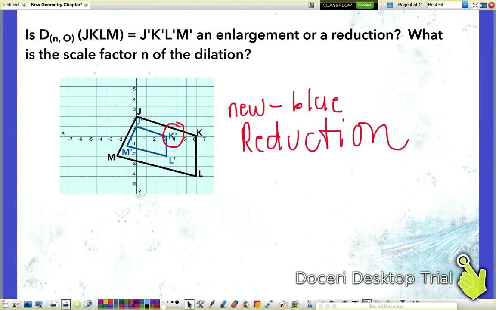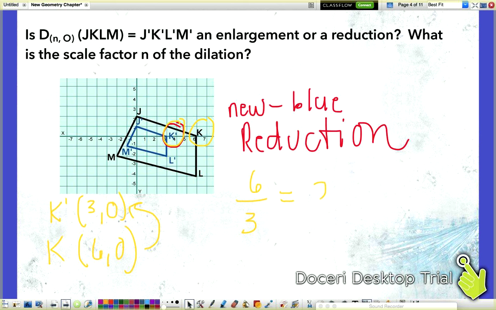Let's just pick a set of points and look at the coordinates. I'm going to pick K prime and K. K prime coordinates are 3, 0. K coordinates are 6, 0. So this is reducing to that by what factor? 6 to 3.